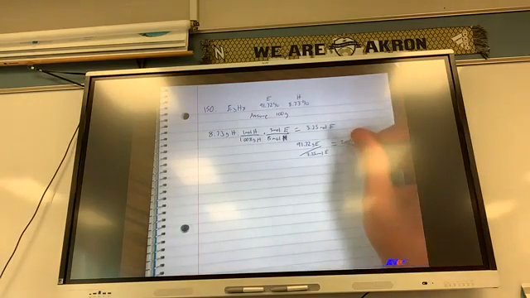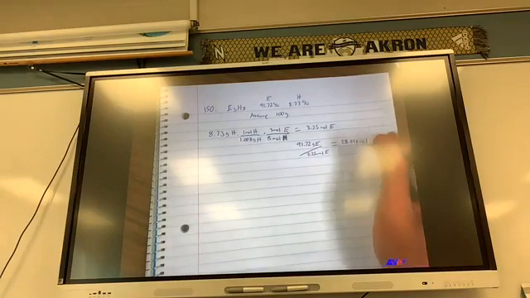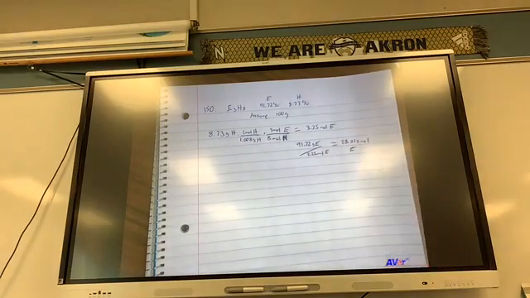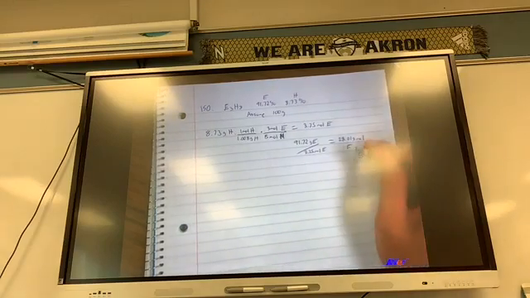That ends up giving me 28.01 grams per mole of E. What element is that? Silicon. So this is Si.